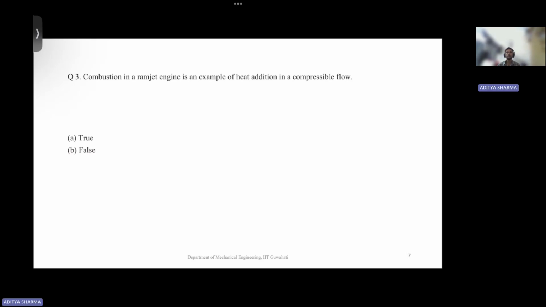Third question, please read the question and try to see if this statement is correct or not. It says that combustion in a ramjet engine is an example of heat addition in a compressible flow.